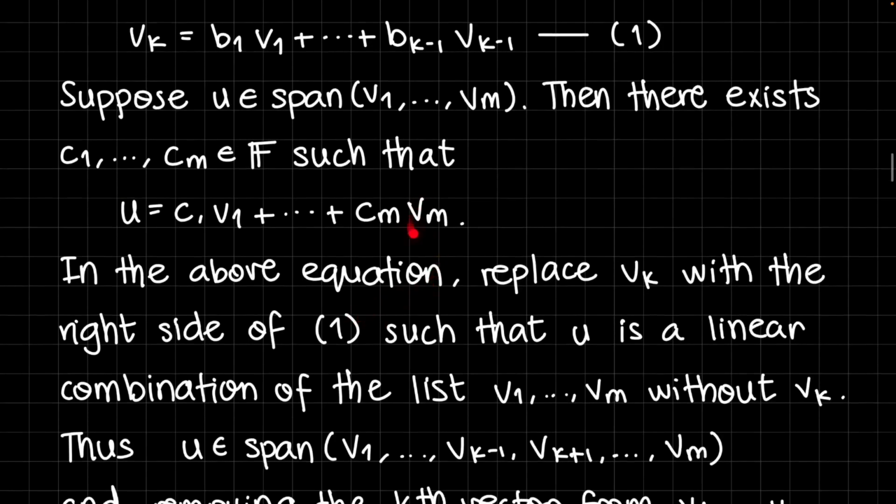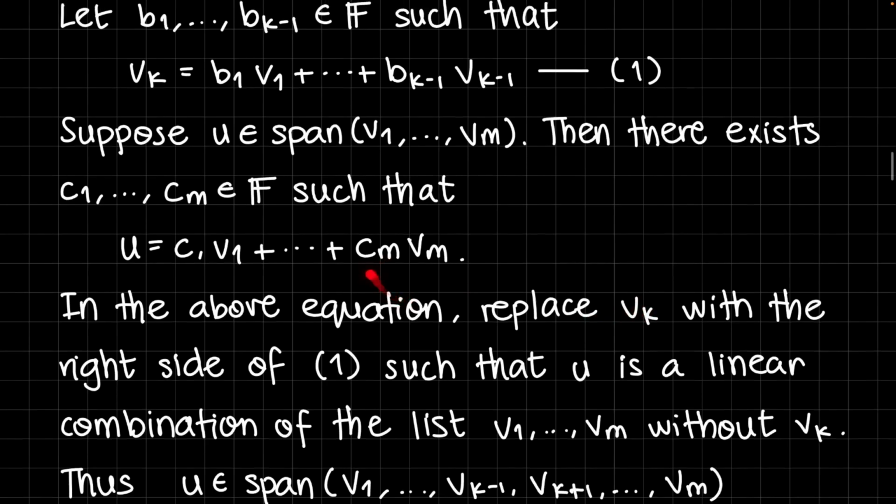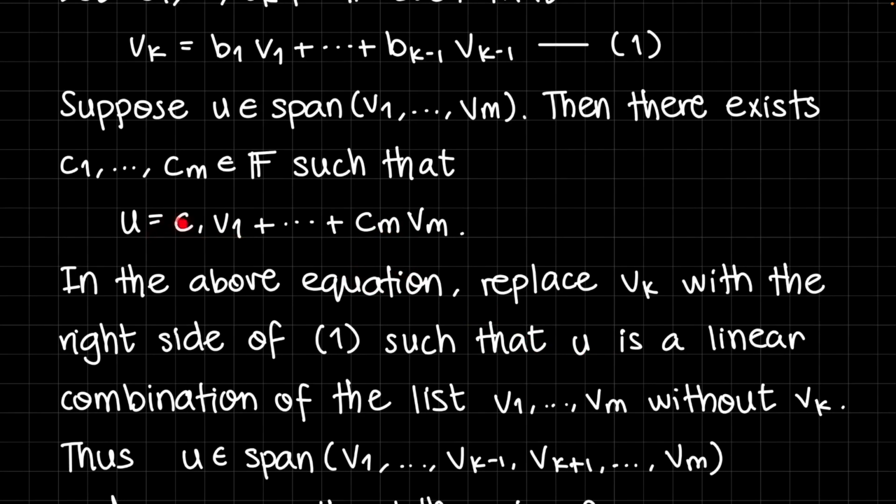Now in the above equation for the decomposition of u, replace the vk, because vk is included in this v1 through vm list. So in this linear combination, there is a ck vk term. Replace that vk with the right hand side of equation 1, such that there is no vk dependence in the decomposition of u.